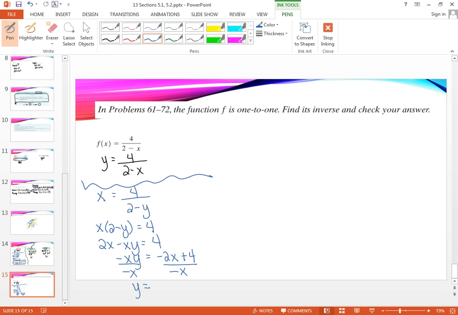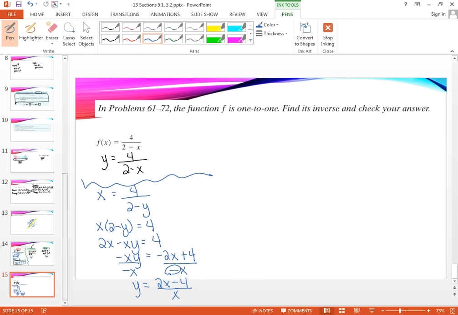You get y equals, oh, look at those signs. I don't like leaving a minus on the bottom. That's not cool. Are you all right with me saying this is the same thing as 2x minus 4 over x? If I take this negative 1 and I pull it up top and distribute it through the top, I get 2x minus 4 over x. Okay? This is my inverse. So let me write it right here. So f inverse of x is 2x minus 4 over x.